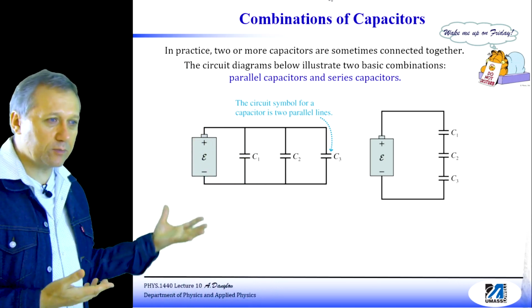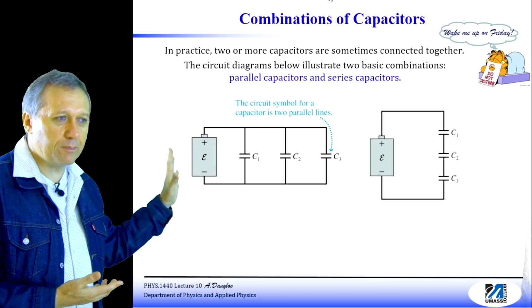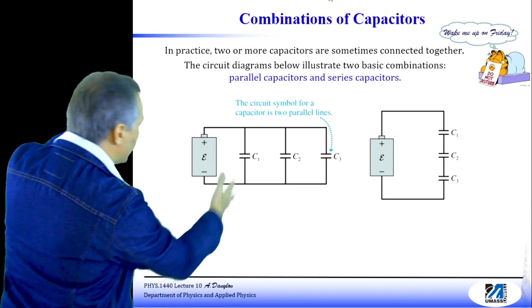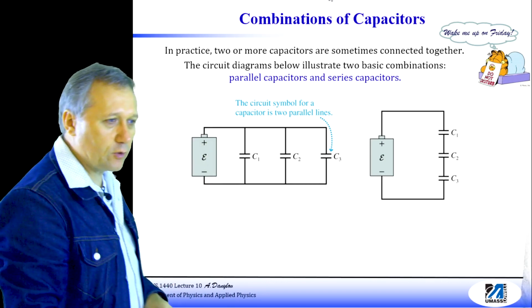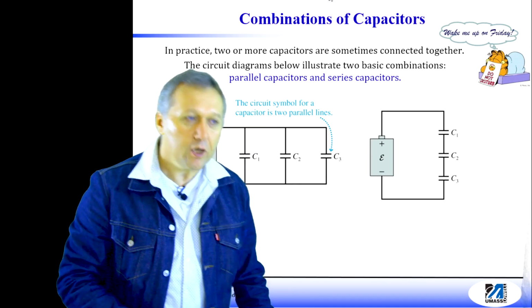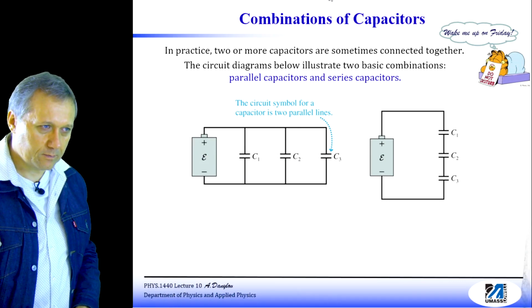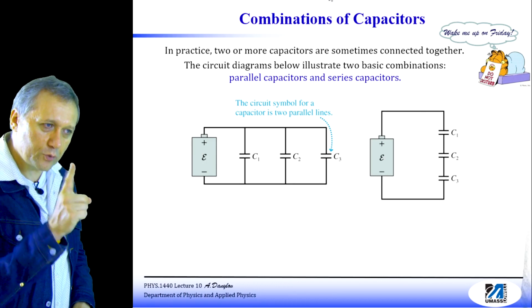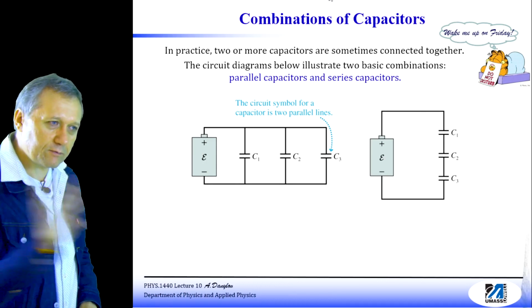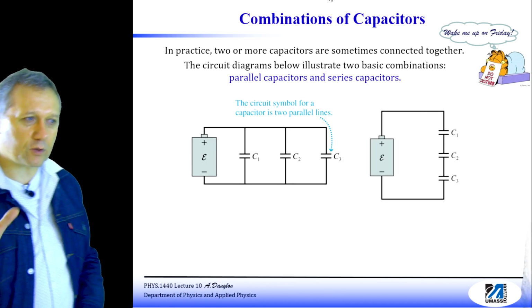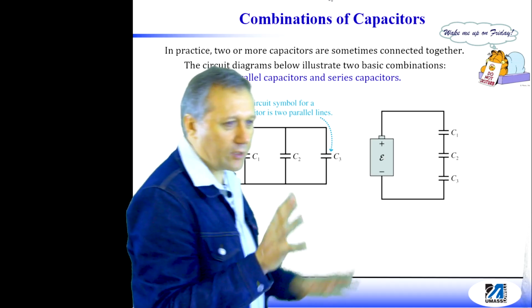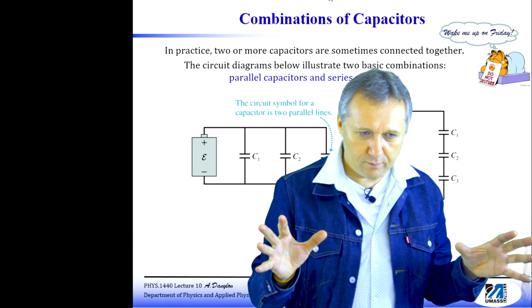Because in real life, it can be more complicated than just a battery. You can spend weeks or days building the rest of the circuit. And when you replace those capacitors, you don't want to destroy the work of the rest of the circuit. So when you do this replacement, the work of the rest of the circuit must not be touched, must not be disturbed.